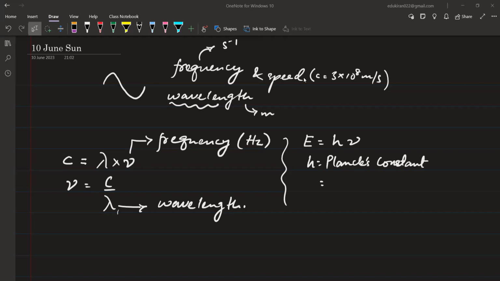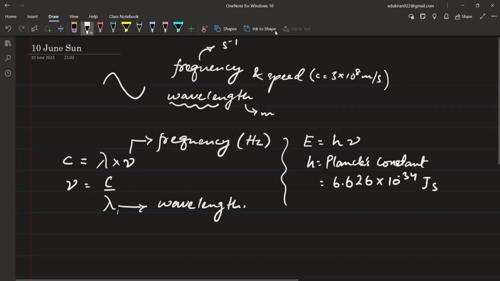Yes, 6.626 into 10 to the power minus 34 joule seconds. Joules and seconds, okay? Not joule per second. Kashif, not joule per second, it is joule second, joule into seconds.